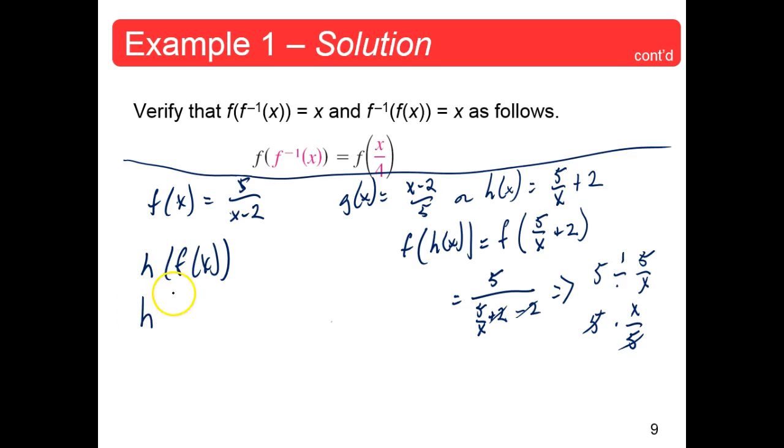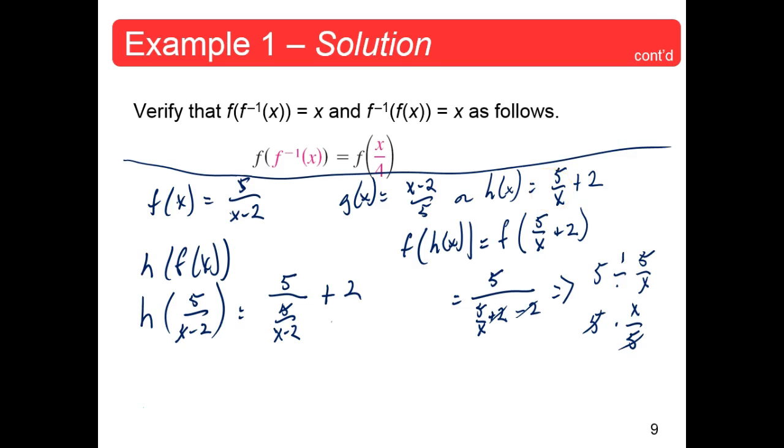So again, the h function we're going to leave alone for now. We're going to operate on our f function, which is 5 over x minus 2. The h function says start with the number 5, divide that by whatever's in parentheses here, which would be 5 over x minus 2, then add to that plus 2.